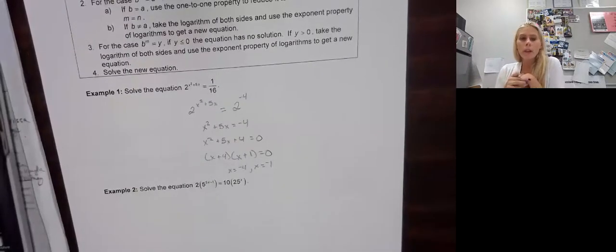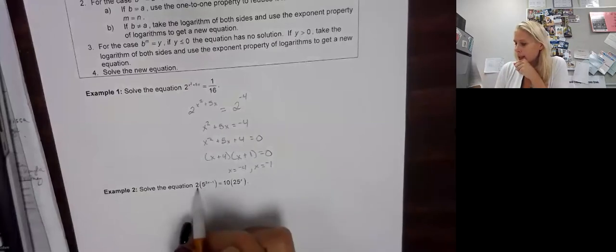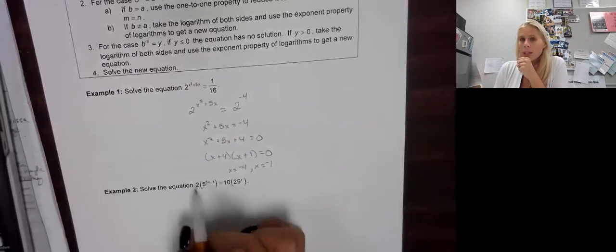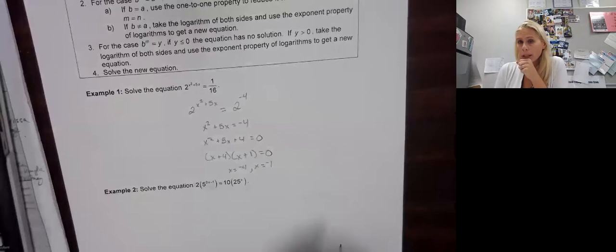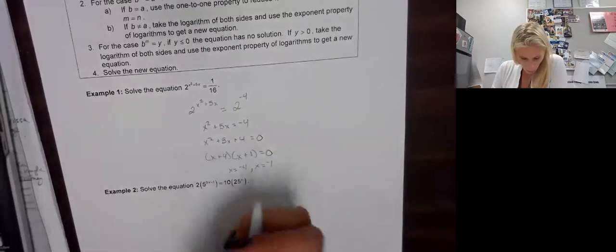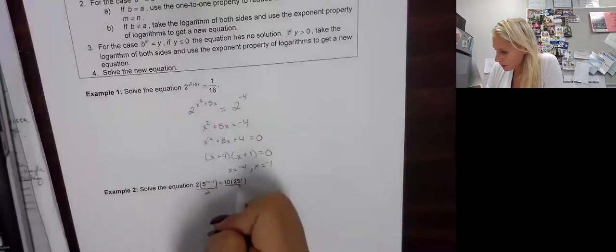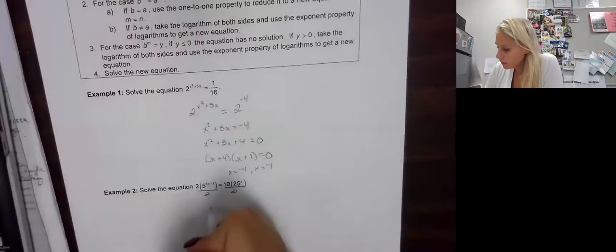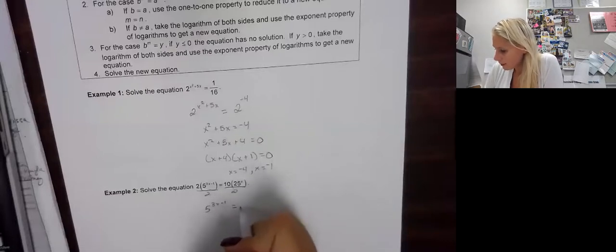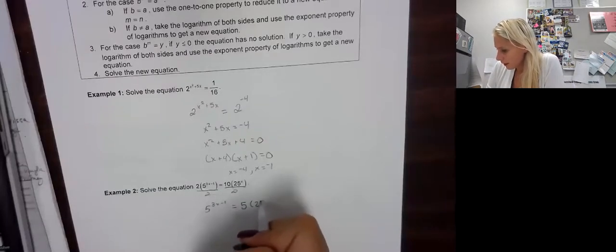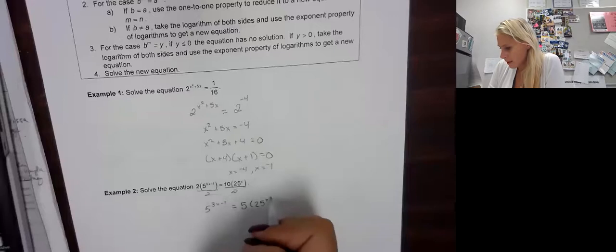Example 2, we have a little bit of a difference here because we have this 2 and the 10. The 2 and the 10 are being multiplied. So of course, the first thing we can do is to divide both sides by 2. When we do that on the left side, we get 5 to the 3x minus 1 equals 5 times 25 to the x.